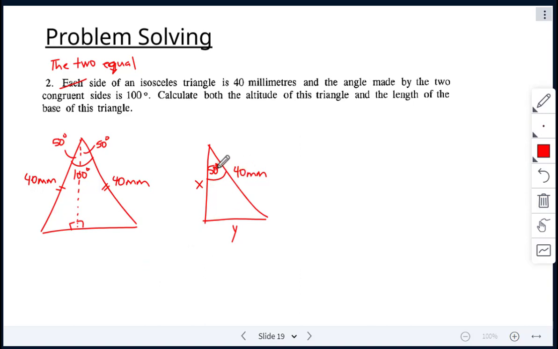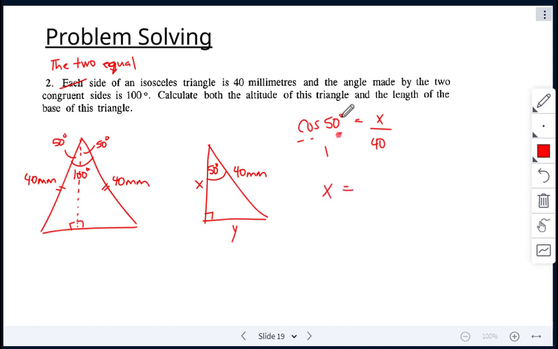So for that, we can use cosine because we're solving for adjacent, which is x, and we know the hypotenuse is 40 millimeters. So we'll use cosine of 50 degrees is equal to adjacent, which is x, divided by hypotenuse, which is 40. All right, to solve for x, let's assume that's 1.